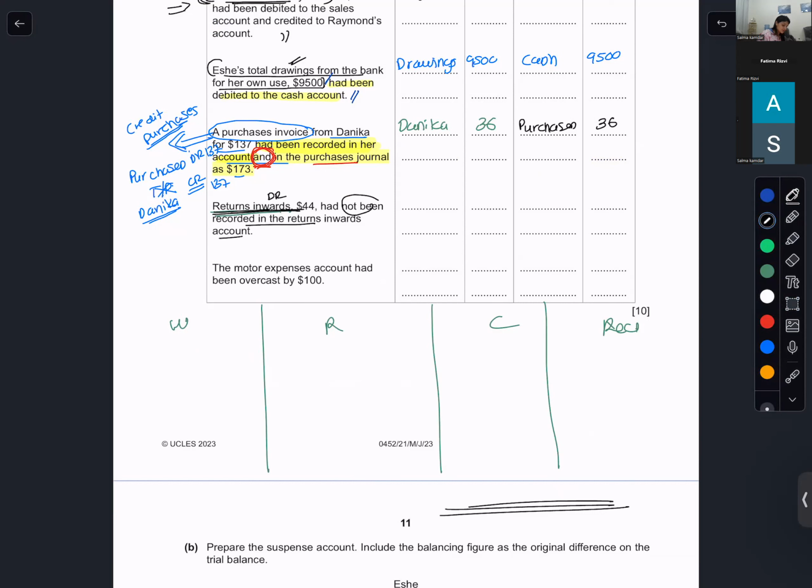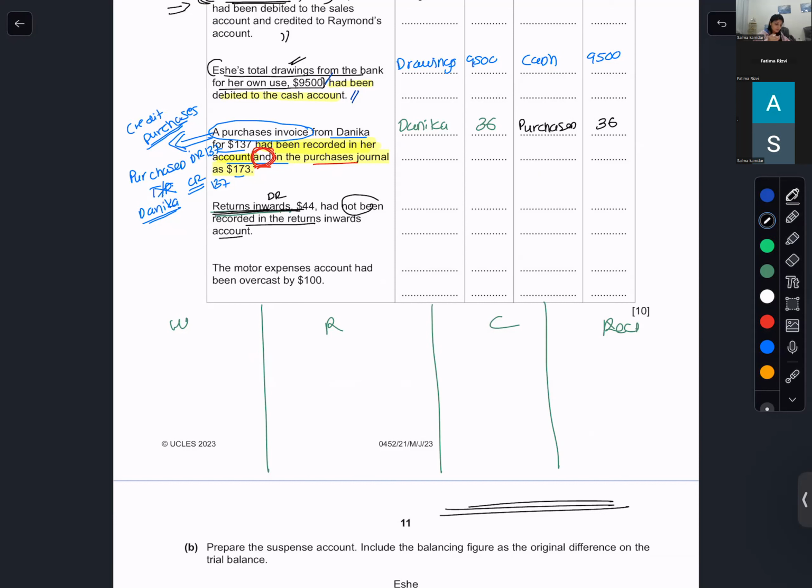So which error is it? It's error of omission. Which omission? It's complete omission. You just didn't record sales return.